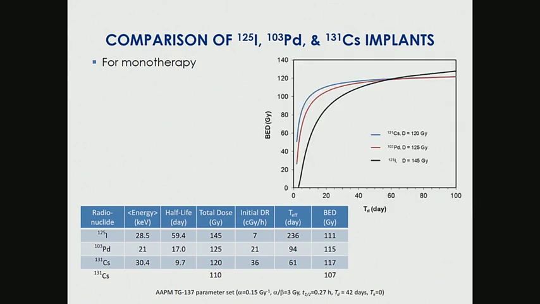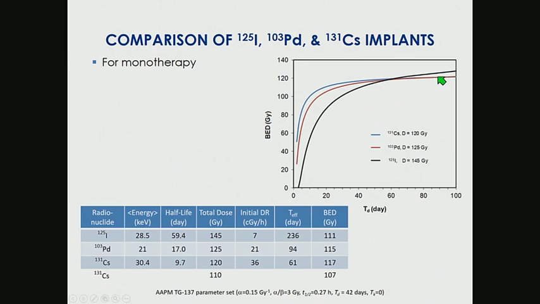So one can see the implants with the current prescription are pretty much equivalent for a prostate with a longer doubling time. And that may not be true when the prostate has a different proliferation rate.